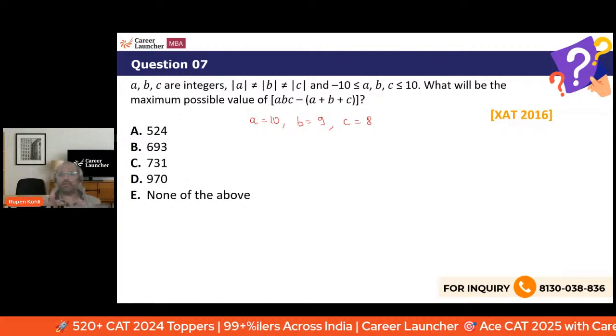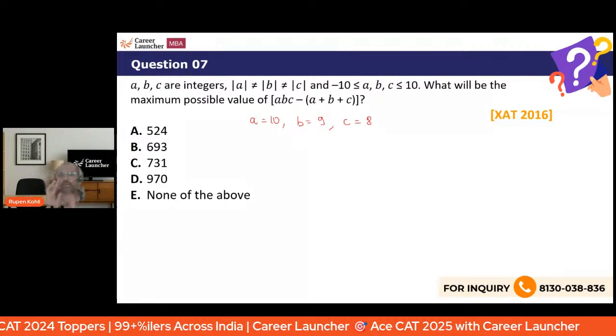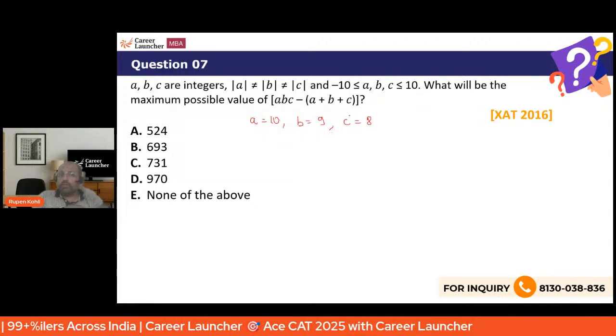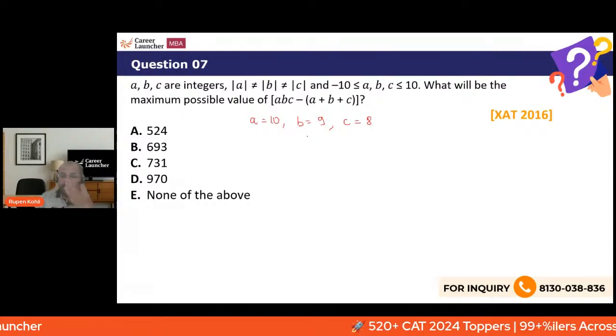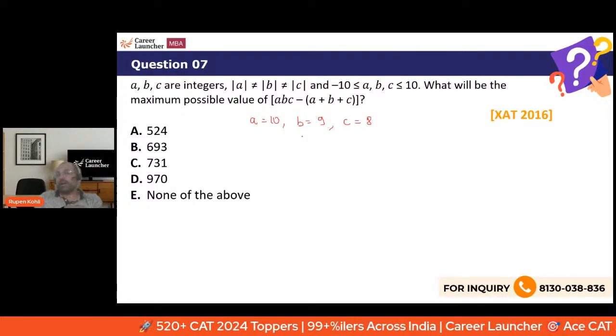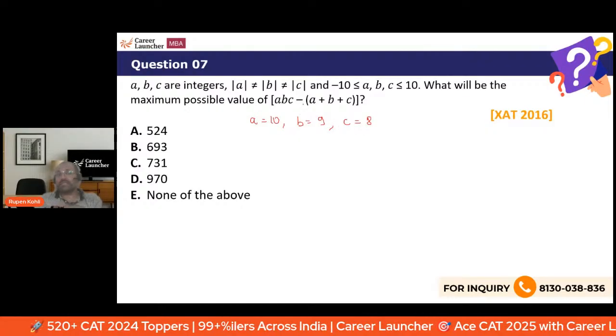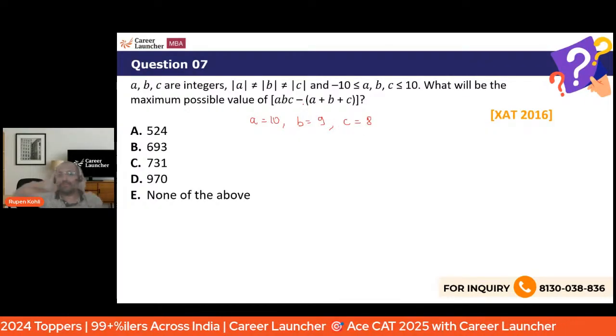Now, the challenge is that you're also subtracting the sum of these three variables, right? So you don't want to subtract a high value. But you have taken the numbers as high as possible to maximize the product. So there's a contradiction over here, right?